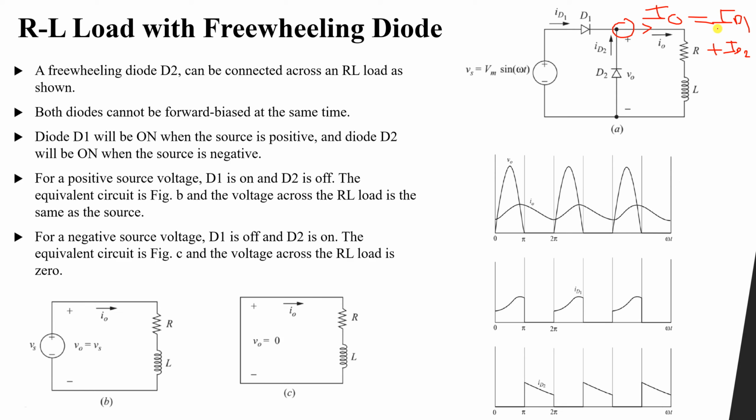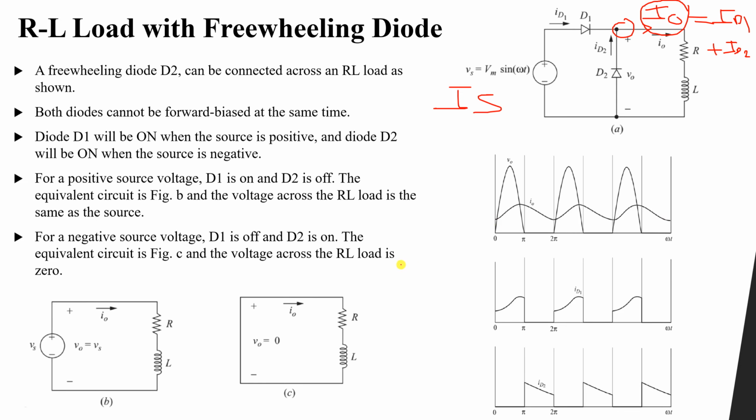Why is this important? Because, as you can see, when we have a freewheeling diode, I output is not equal to I supply. I supply is equal to ID1. So in this circuit they are not equal to each other. If you add these two waveforms, you will get I output.